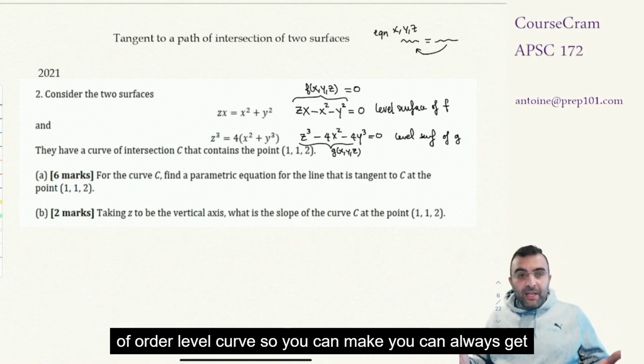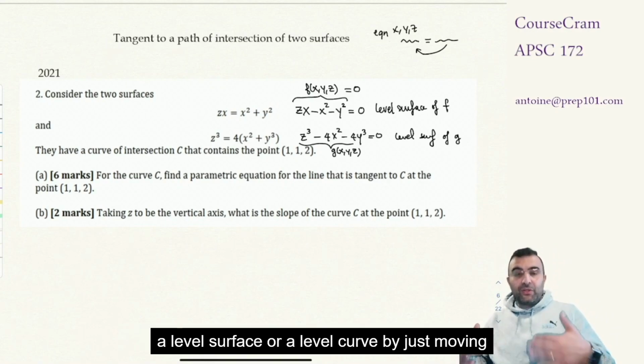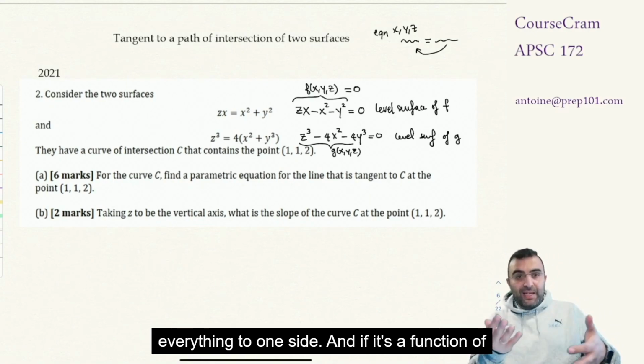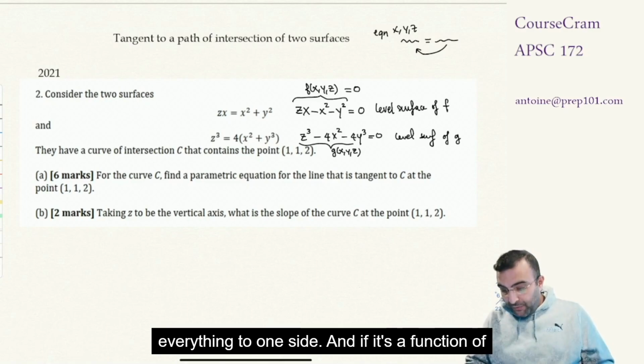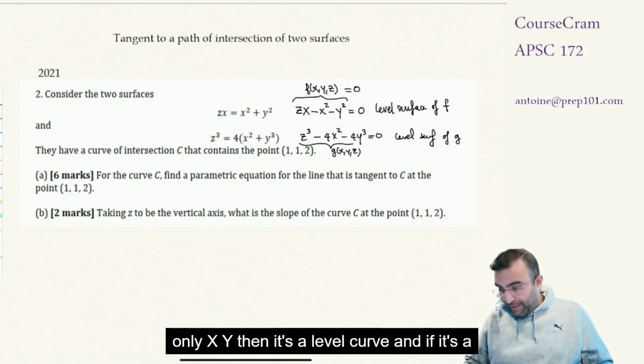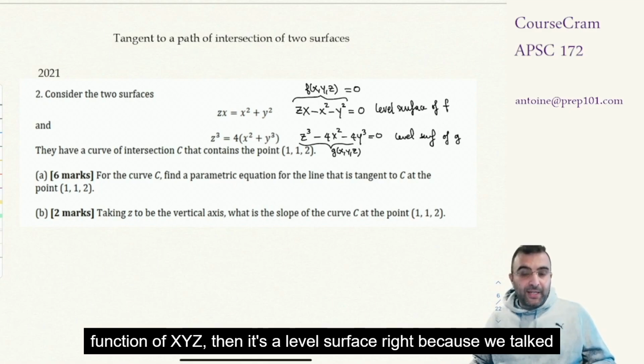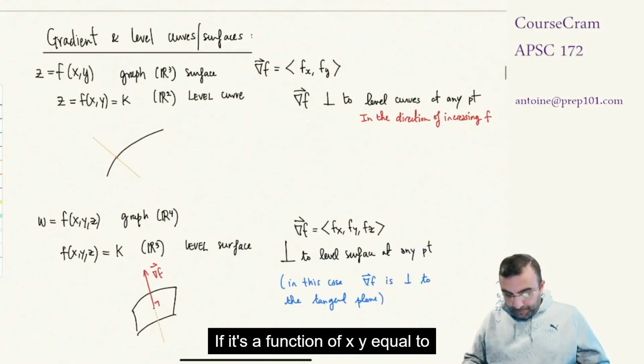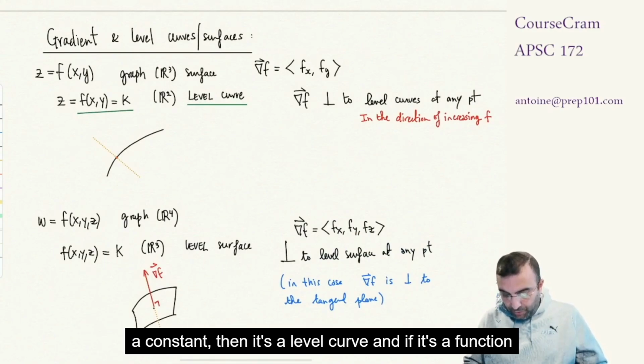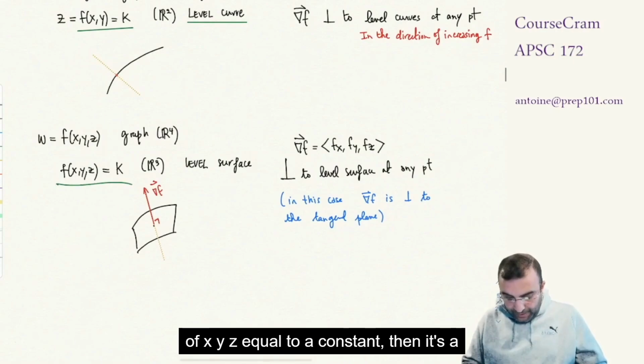And if it's a function of only x, y, then it's a level curve. And if it's a function of x, y, z, then it's a level surface, right? Because we talked about it here. If it's a function of x, y equal to a constant, then it's a level curve. And if it's a function of x, y, z equal to a constant, then it's a level surface.